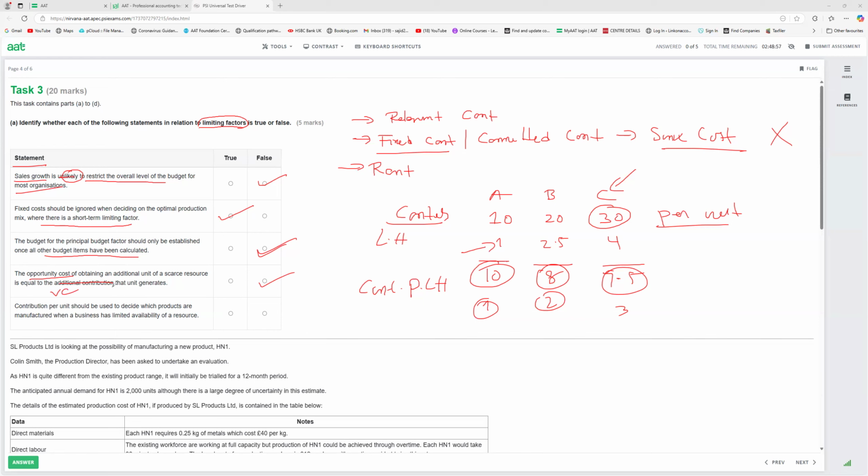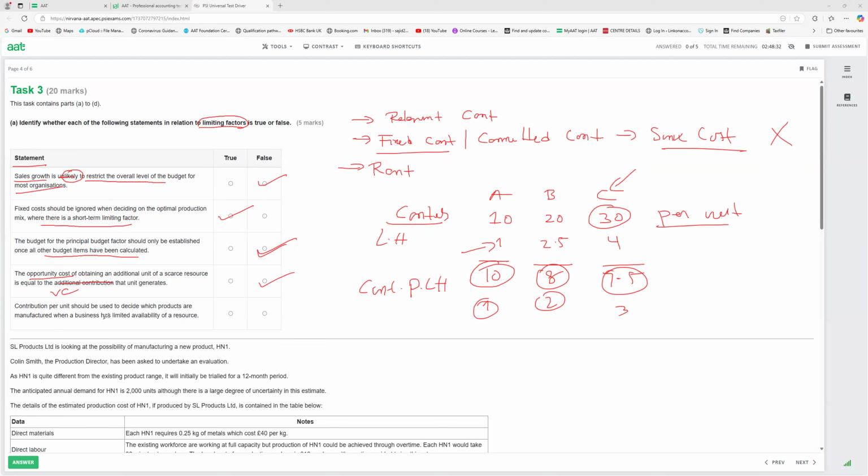So if I consider the opportunity cost, I only consider the variable cost, not the contribution. In the exam, if they say the opportunity cost of obtaining an additional unit of scarce resources is equal to the variable cost that unit generates, then you have to say true. But here they said additional contribution. That's not true. That's false.